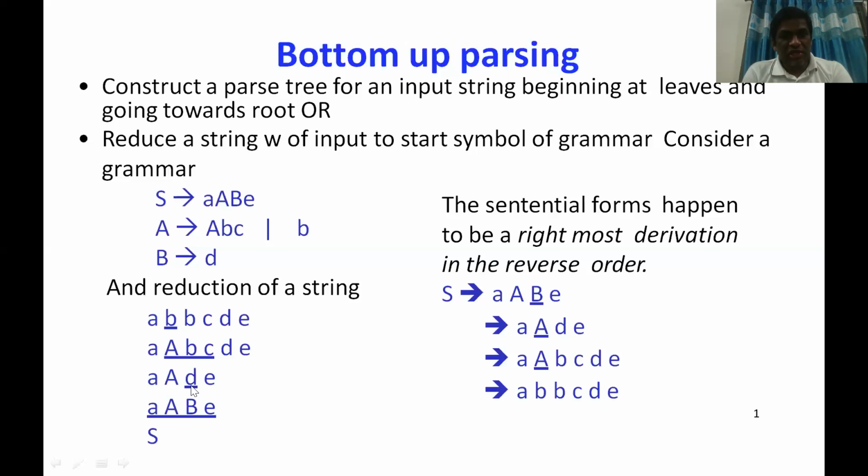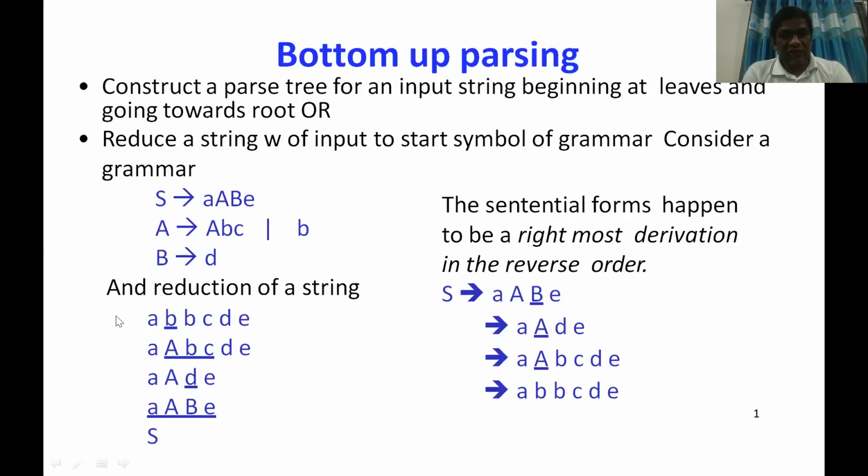Now small d can be replaced with capital B. Why? Because B derives small d. Now it becomes small a, capital B, e. If you look at this small a, capital B, e, it can be replaced by the start symbol S.